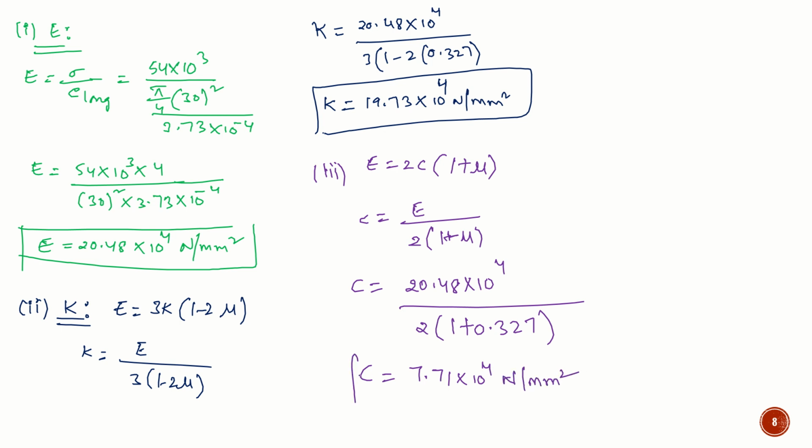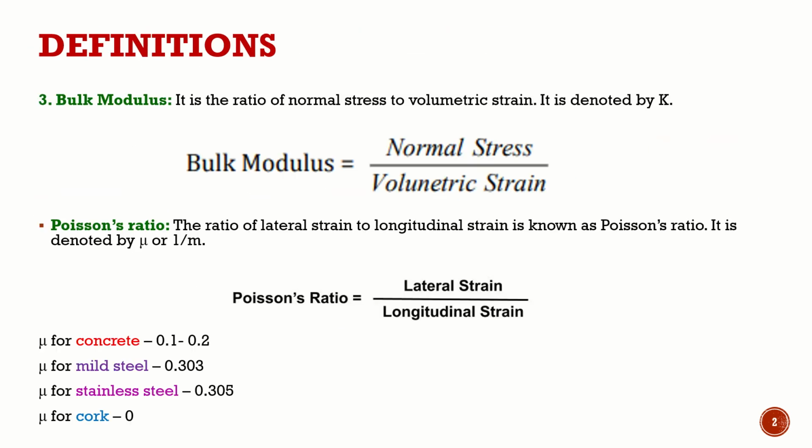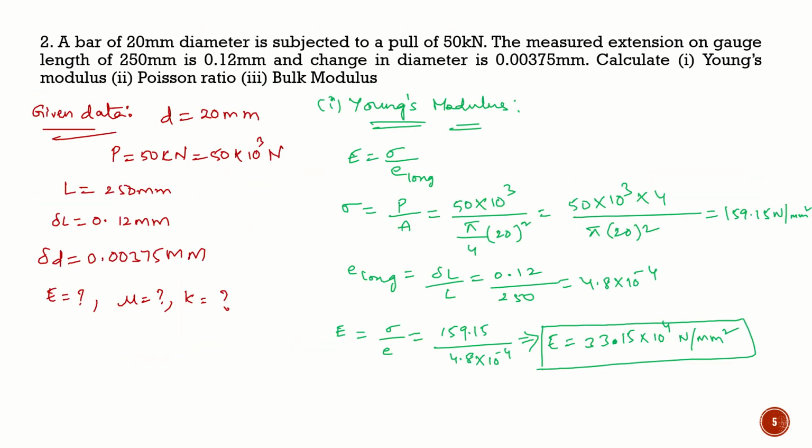A little variation in the decimal can take place because it depends on whether we substitute 2 decimals or 3 decimals. So like this we have to solve problems related to Young's modulus. One has to remember the definitions, and then solve problems related to the elastic constants. I hope all of you understood the video. Thanks for watching.